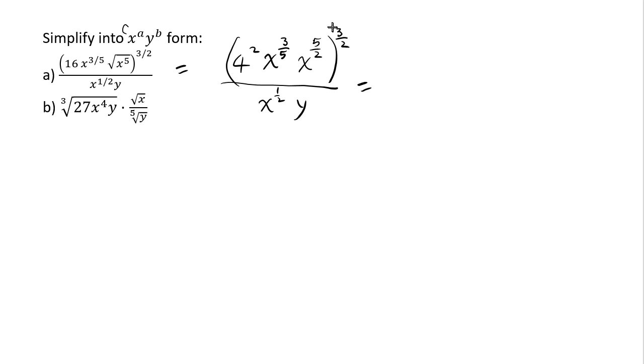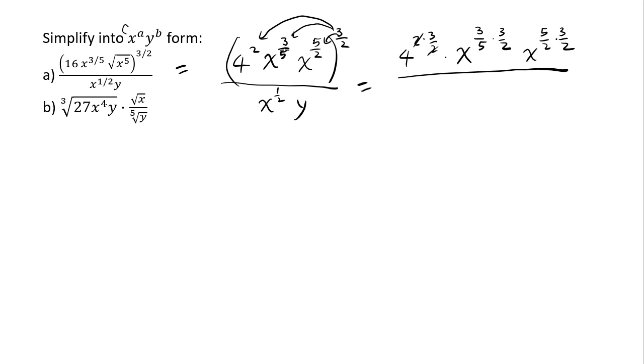Okay, so they get multiplied to each of these, and this is 2 times 3 over 2, 2 will cancel, x to the 3 over 5, 3 over 2, x to the 5 over 2 times 3 over 2.